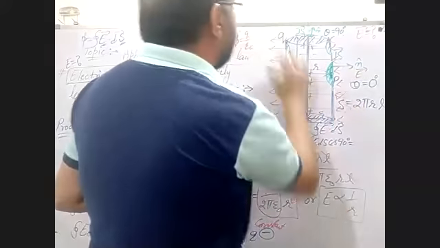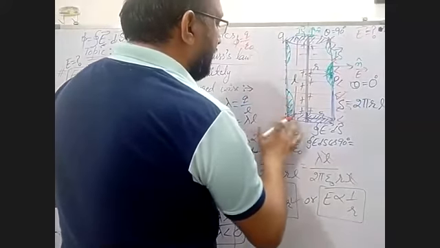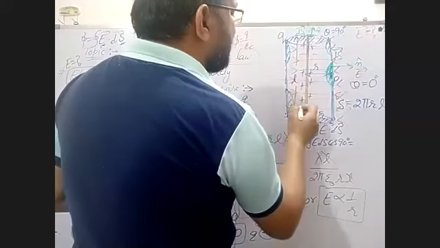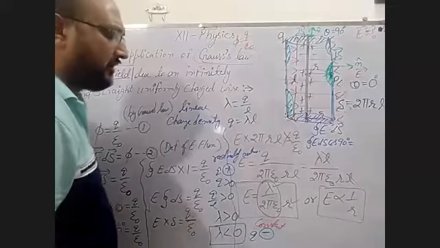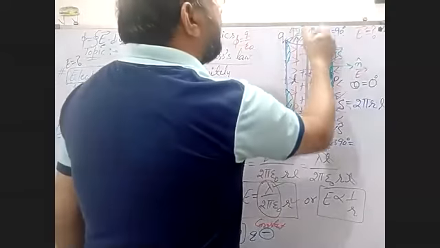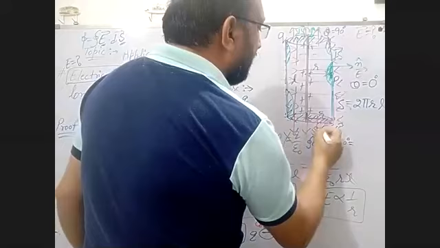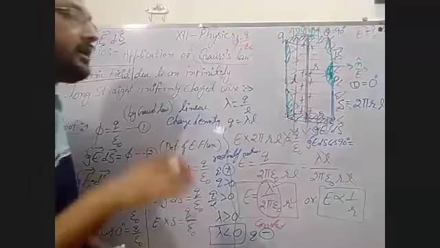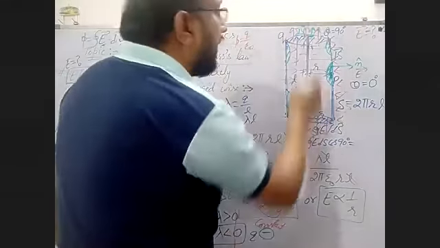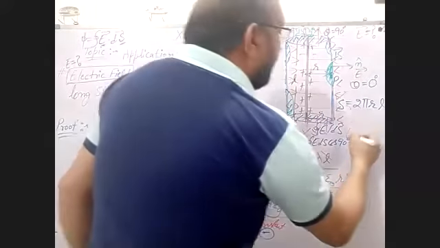In this way, you can take this diagram. But this is only for understanding the direction of electric field, radially outward or inward. But no electric field in the above portion here, and no electric field in the downward direction. So in the vertically upward and vertically downward directions, there is no electric field.